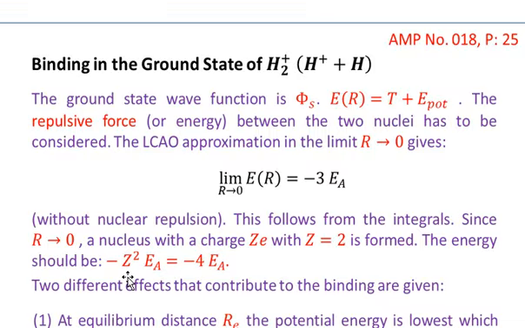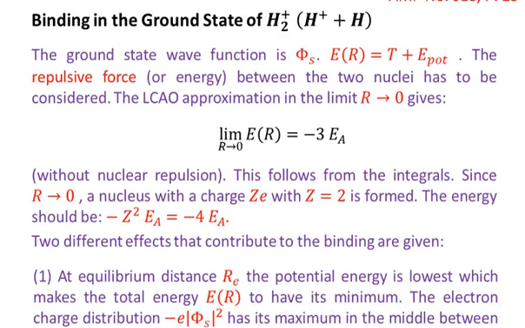If you put Z equal to 2, you will get minus 4 times EA. The value obtained through the integrals was minus 3 EA, and the actual value is minus 4 times EA, where EA is the energy of a single atom.